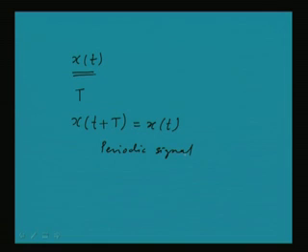For this periodic signal, if we take an example of a violin, and we disturb the chord of the violin, then we will have a frequency component which we call the fundamental frequency, and their harmonics. That means integer multiples of that fundamental frequency will also be present when we disturb the violin.